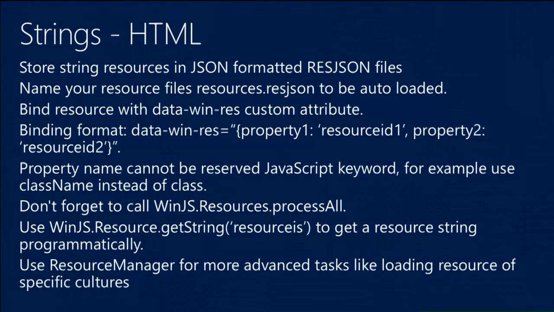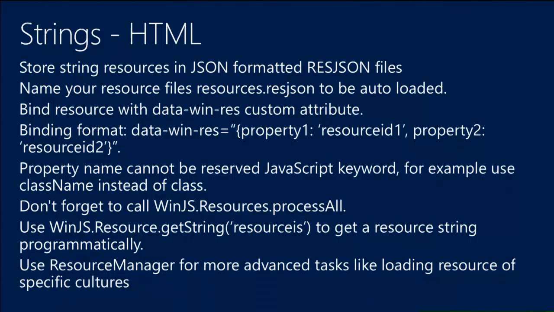The resources are stored in key value pairs. So you have a key that will be used inside your code, and the value is your actual string value in your local language. And the convention for that is to put the res.json files in an ISO formatted language code folder.